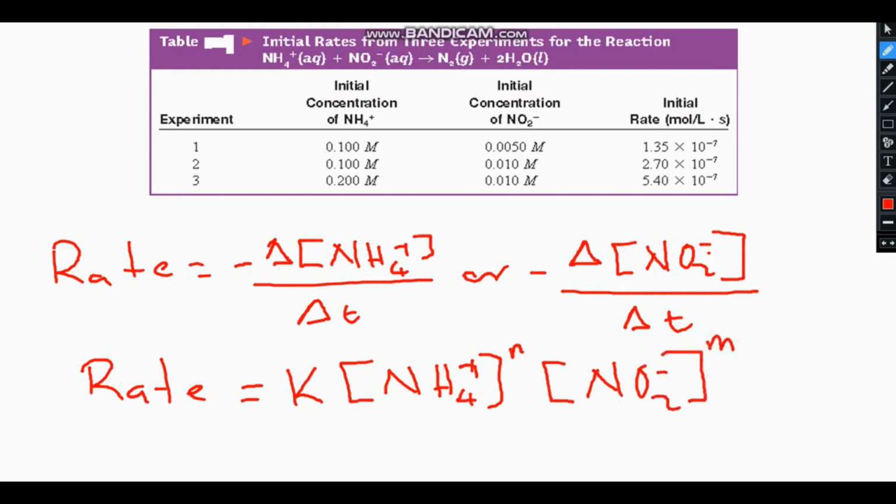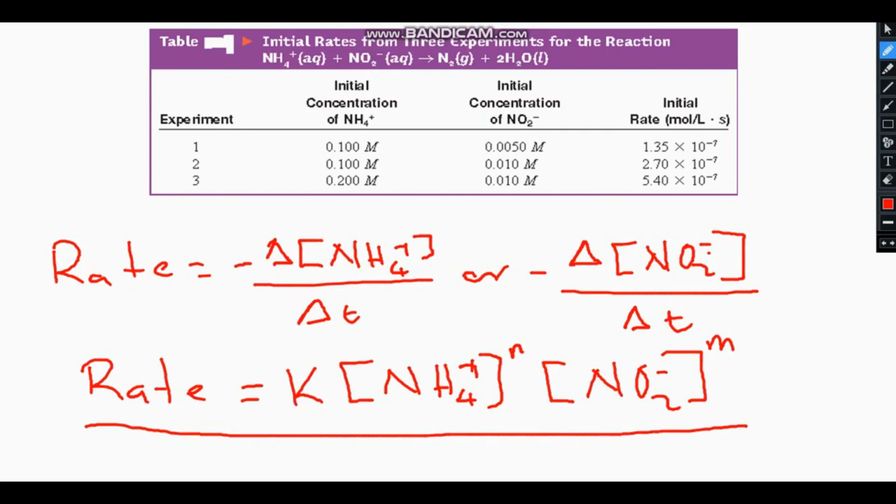So these powers m and n give us the order of these reactants. So if we have this equation, we can use it to determine the orders of each reactant.